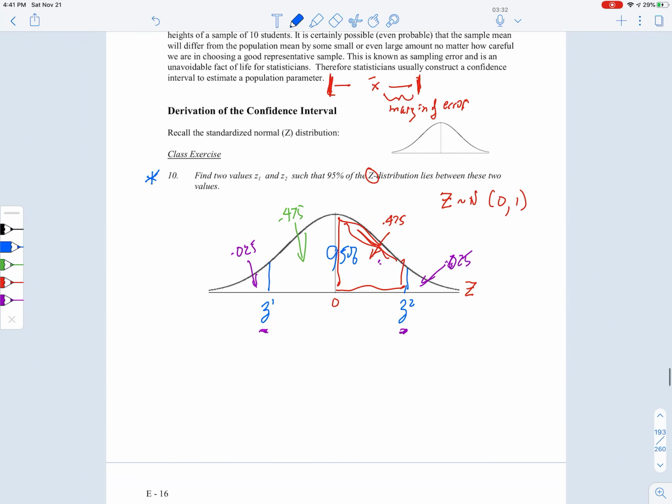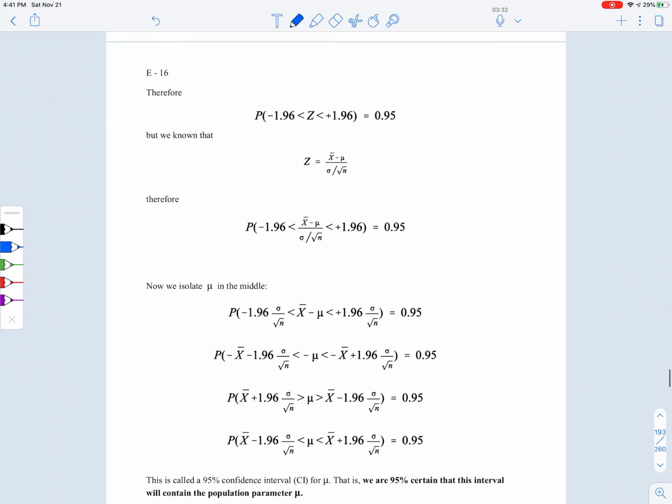So getting back to confidence intervals here then, we said that these values here then are, this was plus 1.96, and this would be minus 1.96 because it is a symmetric distribution. So those are the two Z values that we've got, plus and minus 1.96. Let's write that as a probability statement.